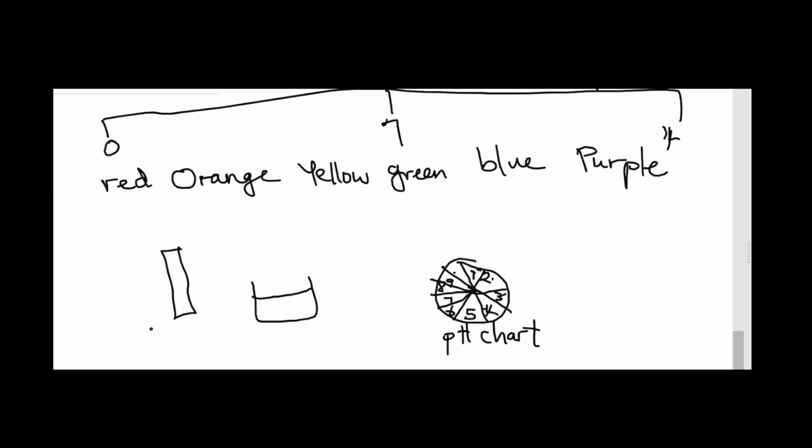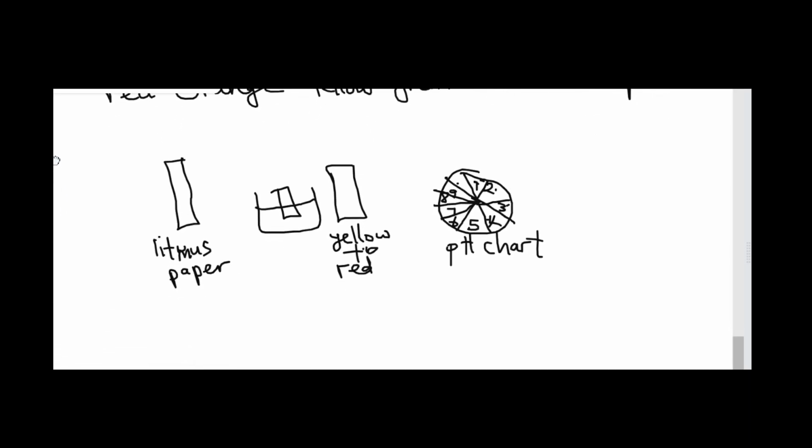Now here is my litmus paper or indicator paper, which is most likely yellow in color. Once I put it into this solution, okay, and I bring it out, if the color changes, let's say from yellow to red, then that means that I'll take that paper, place it next to the chart, and see which color it is closest to.